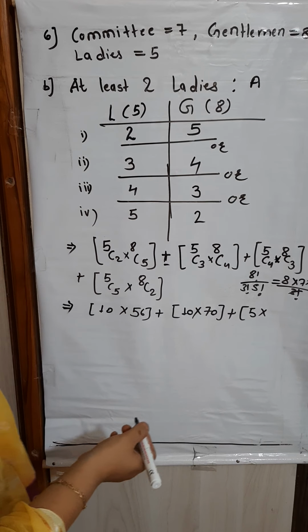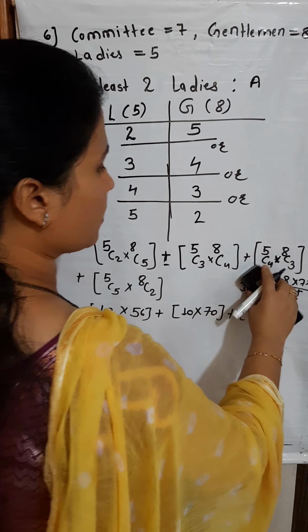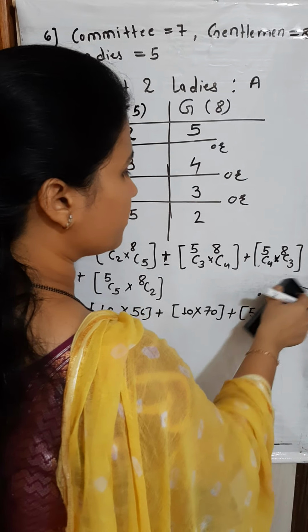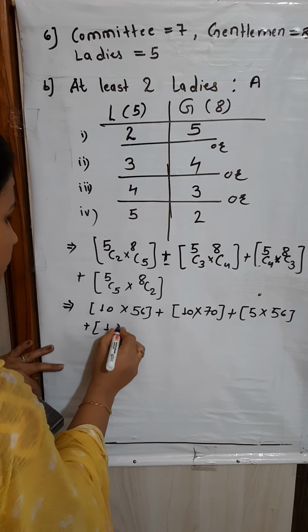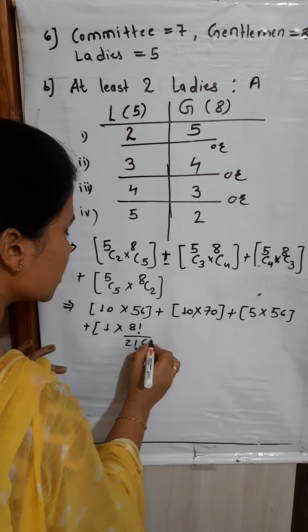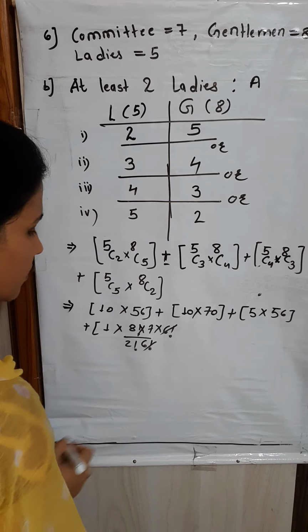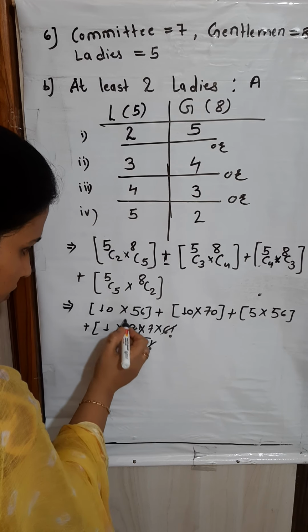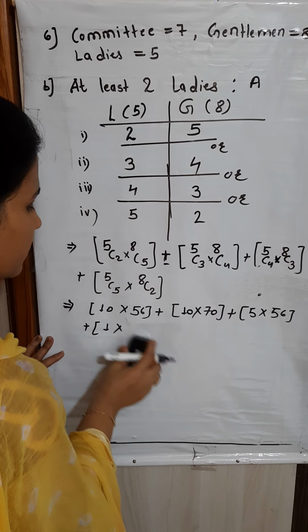So 6 gets cancelled. 8 into 7, again it is 56. Next, plus 5C5 means 1 and 8C2 means 8 factorial divided by 2 factorial into 6 factorial. So 8 into 7 into 6 factorial, I will write, and the 2 term gets cancelled. Again this 4 times and 4 into 7 will give you 28.